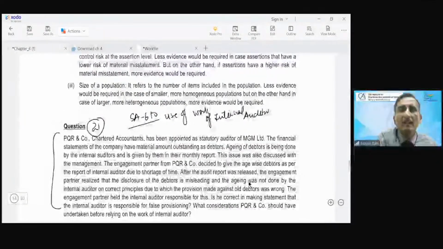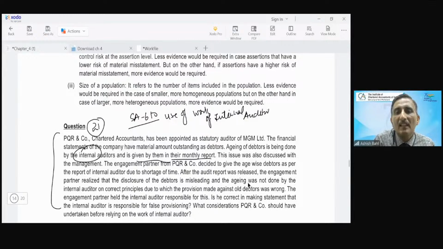PQR and Company has been appointed as statutory auditor of one company, MGM Limited. The financial statements of the company have a material amount outstanding as debtors. Obviously, debtors are there in the financial statements. Aging of debtors is being done by internal auditors and is given by them in their monthly report.